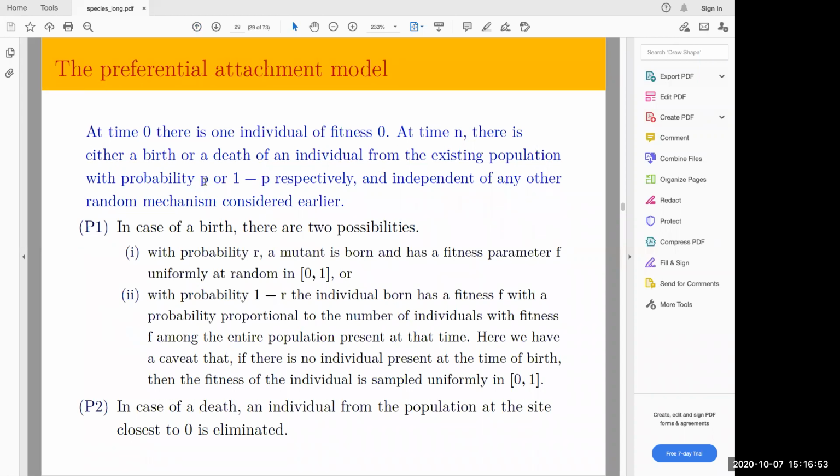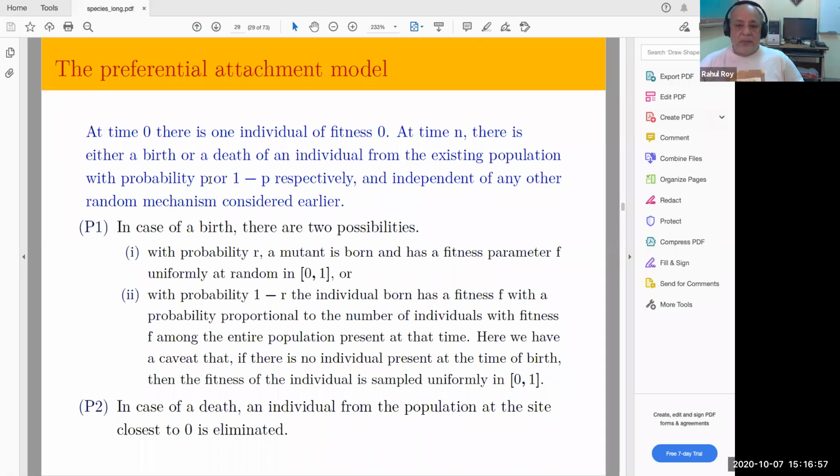So this is the preferential attachment model. With a probability P, there is a birth. With the probability 1 minus P, there is a death. In case of a death, only one individual from the population at the least fit site is removed.